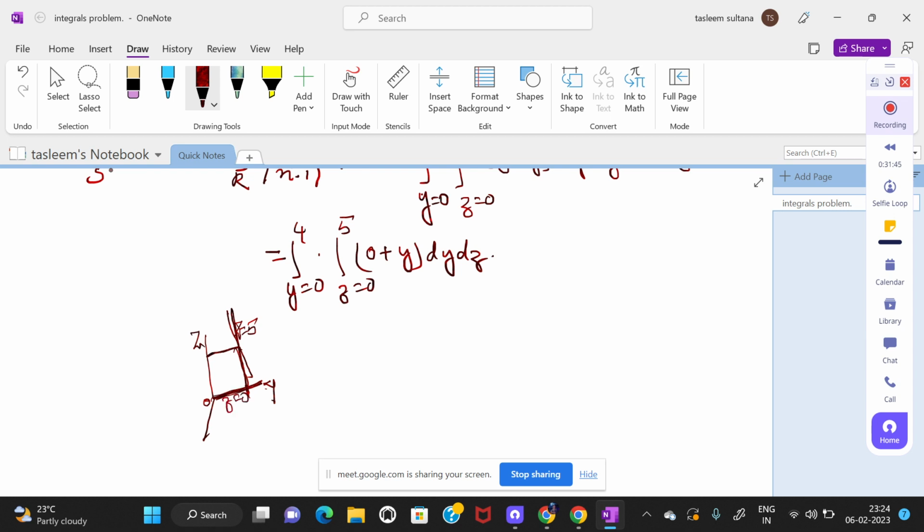This complete line will be z equal to 0. Only here we are going to have values for y, and here all your y will be 0. You are going to have values for z. Yes or no? Yes, ma'am. Now you tell me, is z going to be 0 or is y going to be 0?